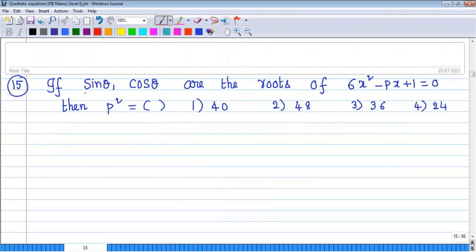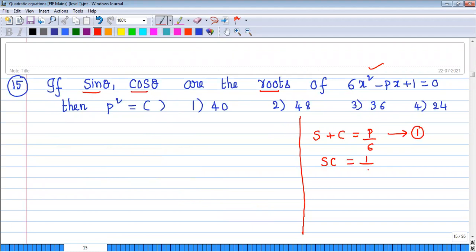See, instead of alpha, beta, sine theta, cos theta given are the roots of this quadratic equation. So we can have sine theta plus cos theta equals to p upon 6, say equation 1. Sine theta into cos theta, that is 1 upon 6, say 2.